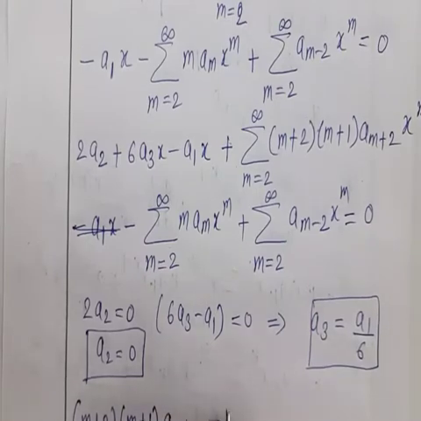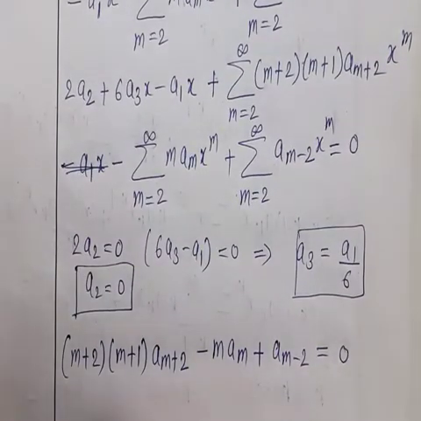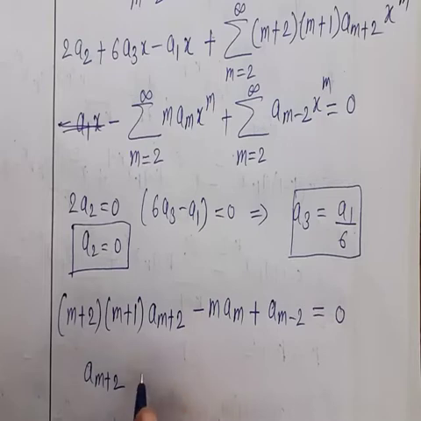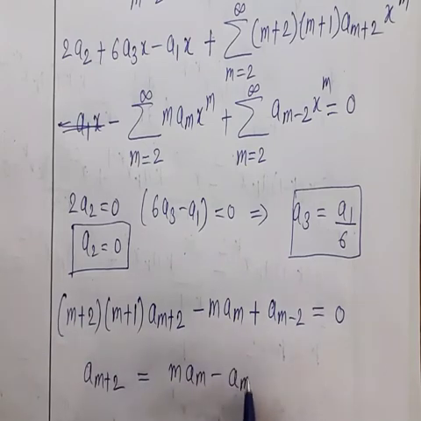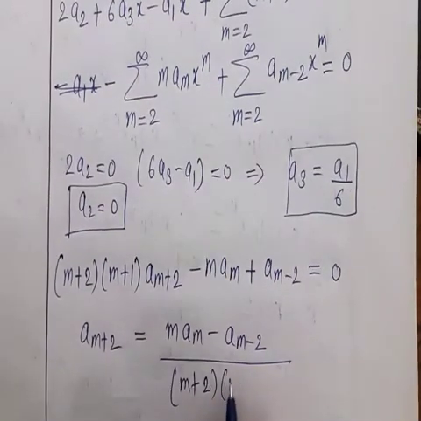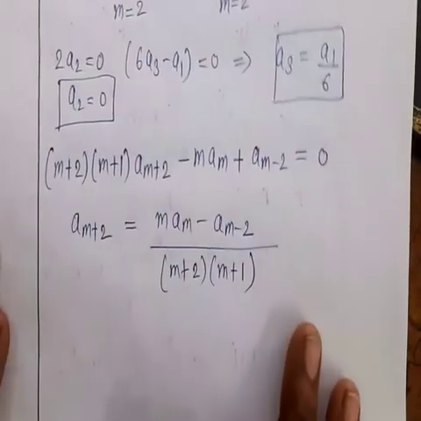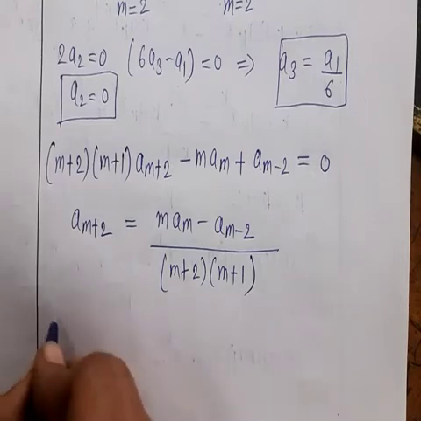The second coefficient is minus m am, and the third coefficient is plus a of m minus 2, and equate it to 0. So a of m plus 2 is equal to m into am minus a of m minus 2, divided by m plus 2 multiplied by m plus 1. But the summation starts from 2, so we have to substitute m is equal to 2, then 3 and so on.